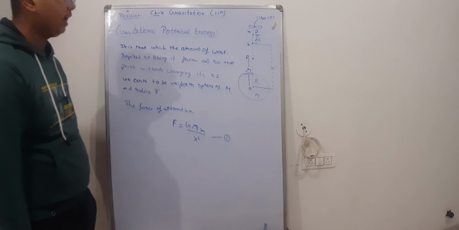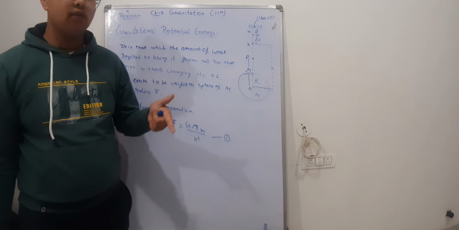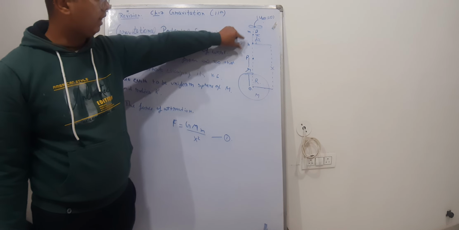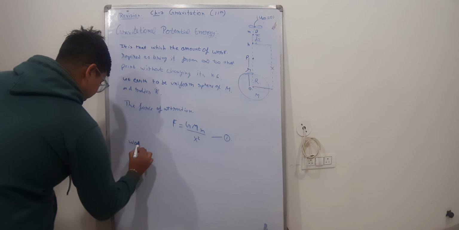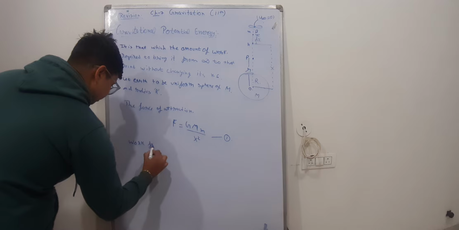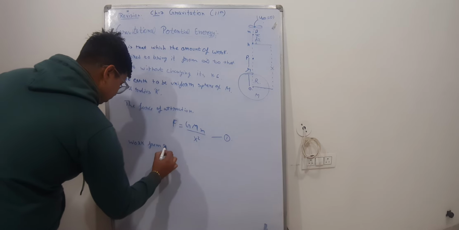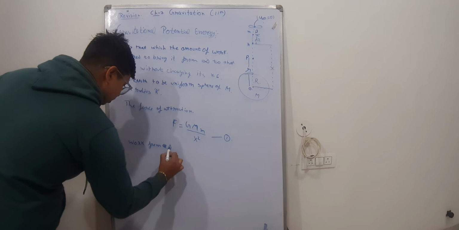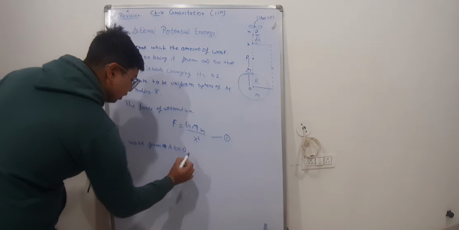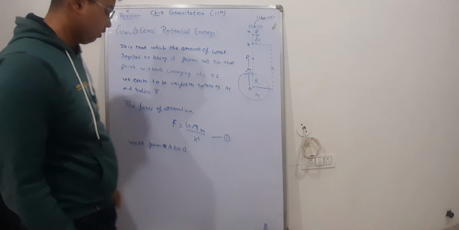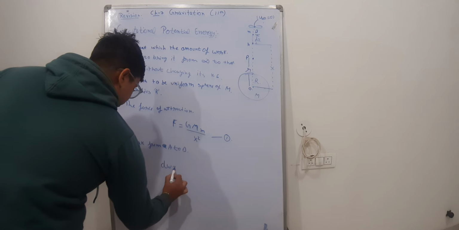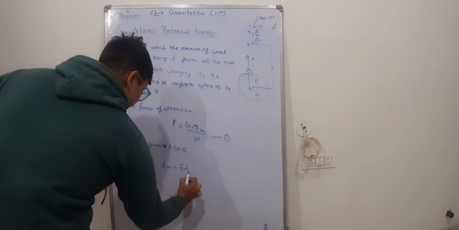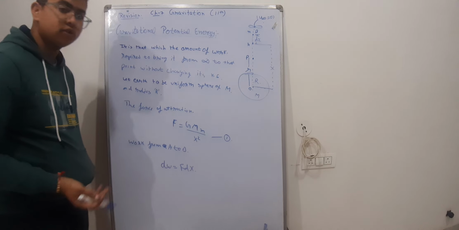Now we calculate the small work done from point A to B, which is small work dW. So dW is equal to F dx. The formula for work is force into displacement.